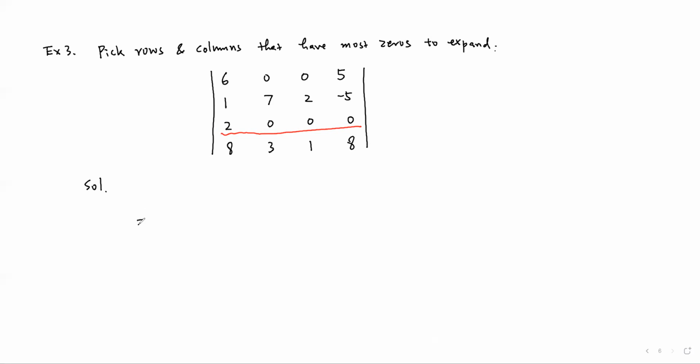Okay. So across the third row, the first entry is A31 C31, A32 C32, A33 C33, A34 C34. But now A31 is the number 2. A32 is 0, this is 0, this is 0.